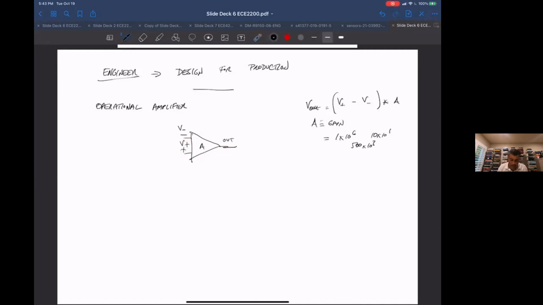Well, it's because when you have this circuit, you can use it. Thankfully, our predecessors have come up with lots and lots of circuit configurations where you can add stuff to this op amp and get very precise, very reproducible different kinds of functions.